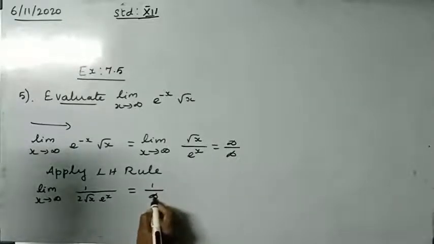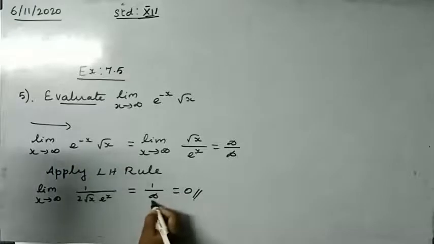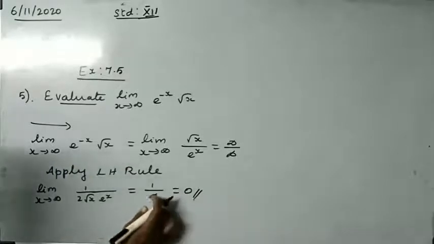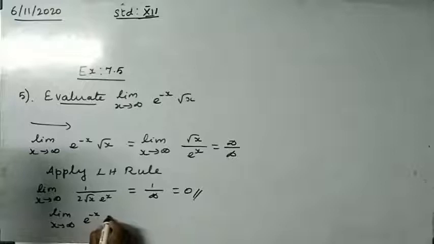So 1 by infinity is 0. So if I take reciprocal, 0 is the answer. 1 by infinity value is 0. So answer is limit x tends to infinity e power minus x root x is equal to 0 is the answer.